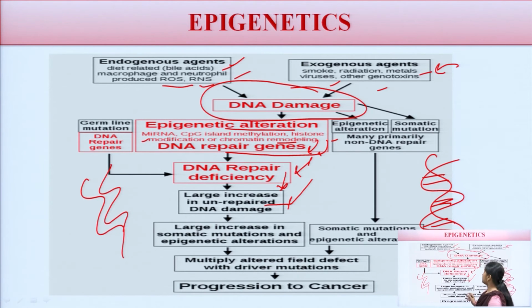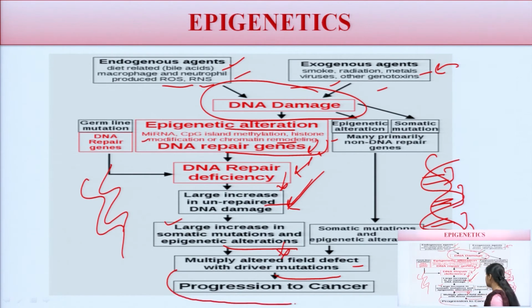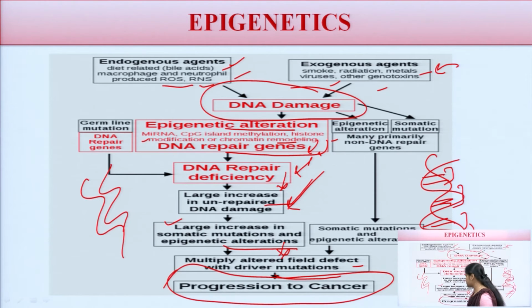So, the large increase in unpaired sequences, some sequences are unpaired, so they get damaged at that particular area, right. Now, a large increase in the somatic mutations and the epigenetic alterations multiply, alter the field defect, the drivers of the mutation, which is the initial progression of the cancer, right.